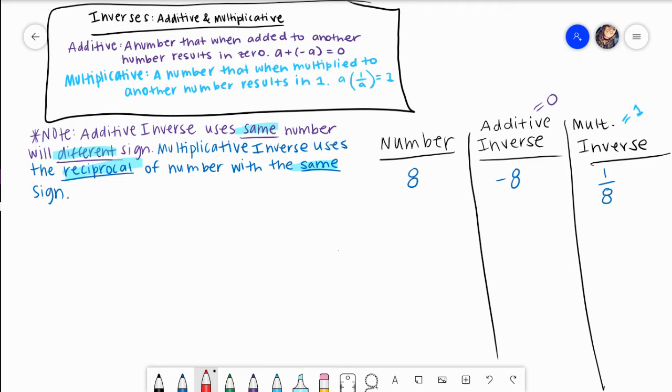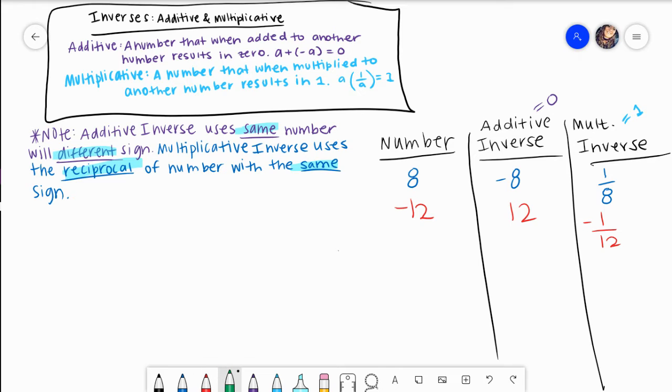So let's look at this number. Say we have negative 12. Additive inverse uses same number, different sign. Multiplicative inverse uses the reciprocal with the same sign.